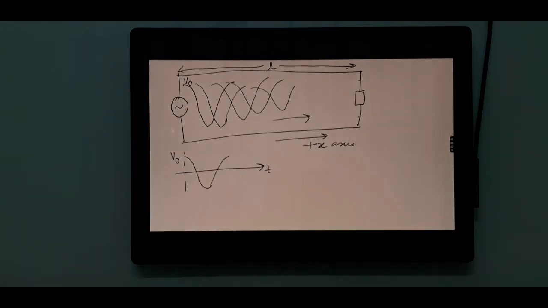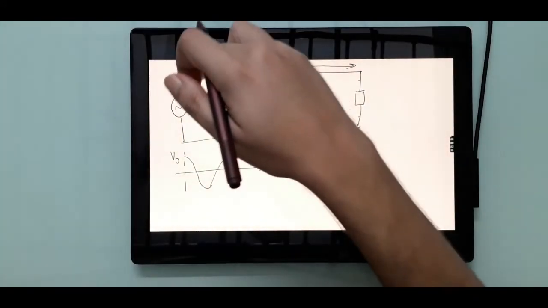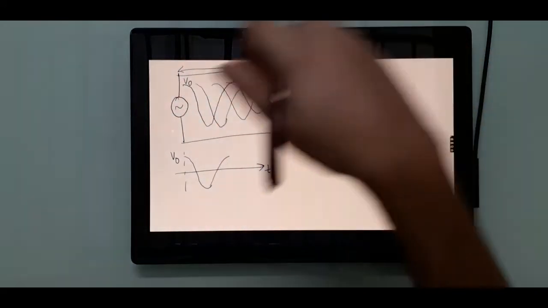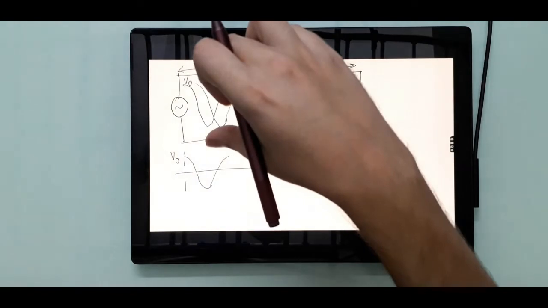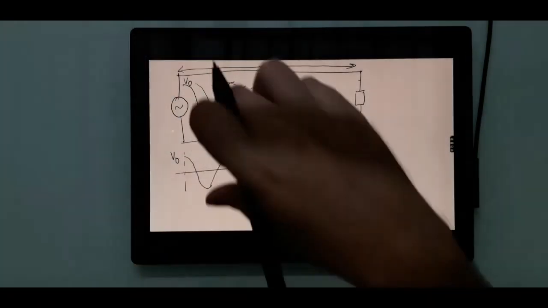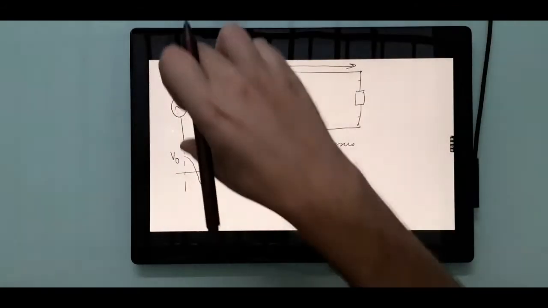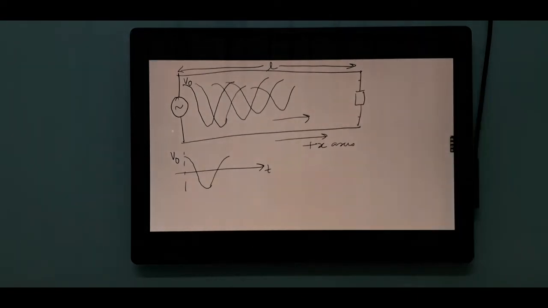Now this leads to an interesting premise. What can we say about the time, or rather, how fast does the load voltage change? Or for example, this V0, after how much time does it appear over here?